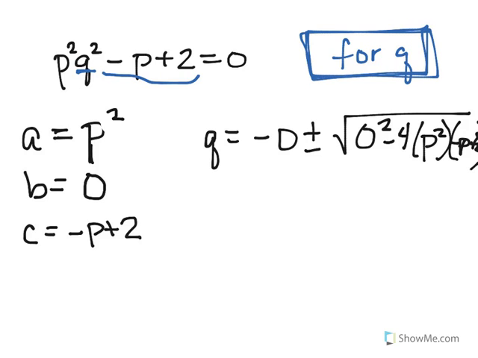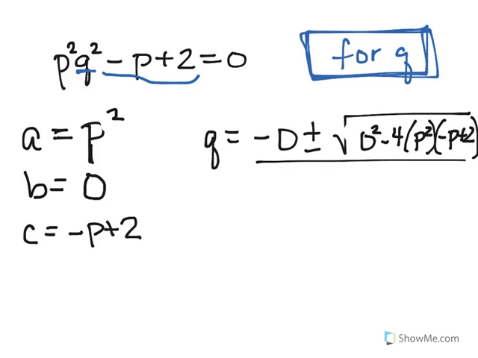Now c is two terms, so I have to write in both that negative p plus 2. I'm going to try to write that a little neater in here. I have my b squared minus 4 times a times c, all over 2 times a.